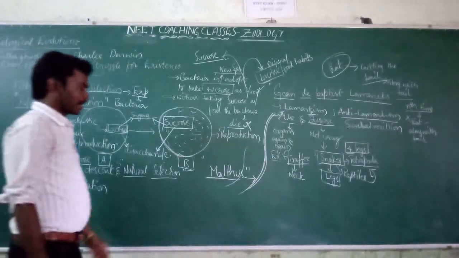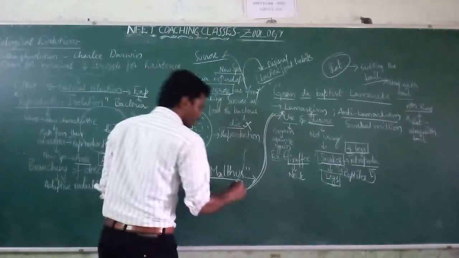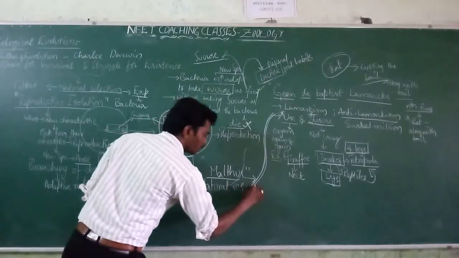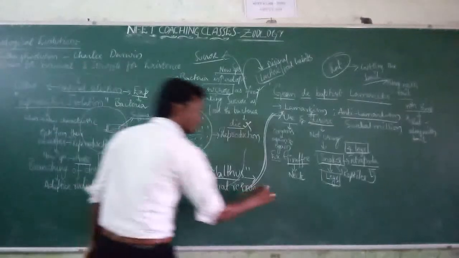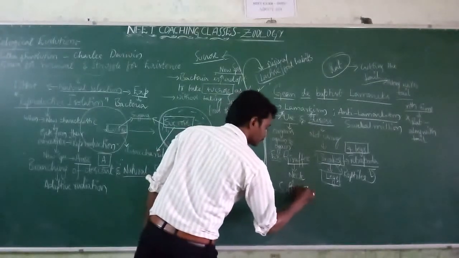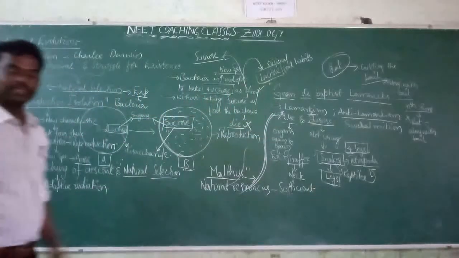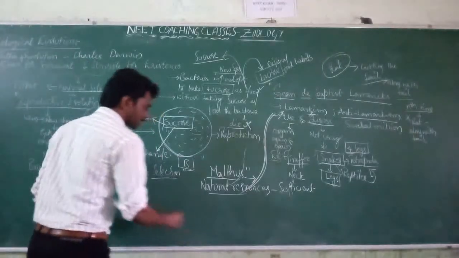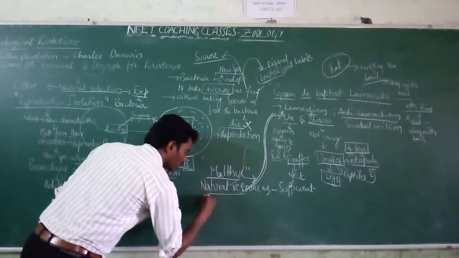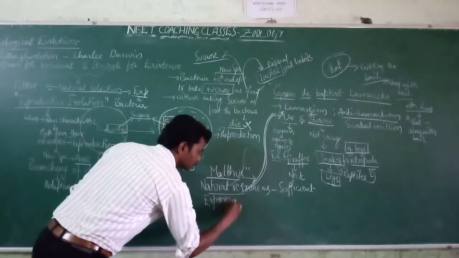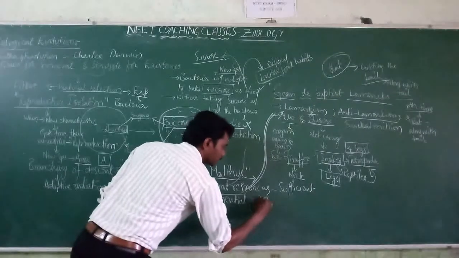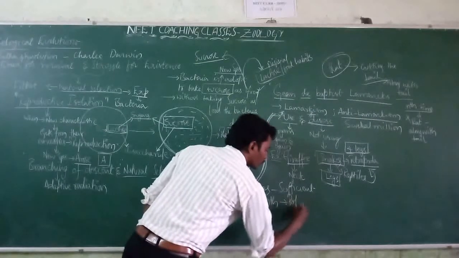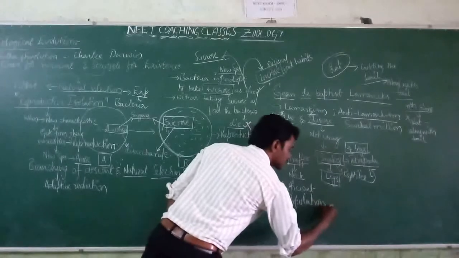We know that if you take any population, if the natural resources are sufficient or more in amount, then without any doubt the organisms can exhibit exponential growth in population size.